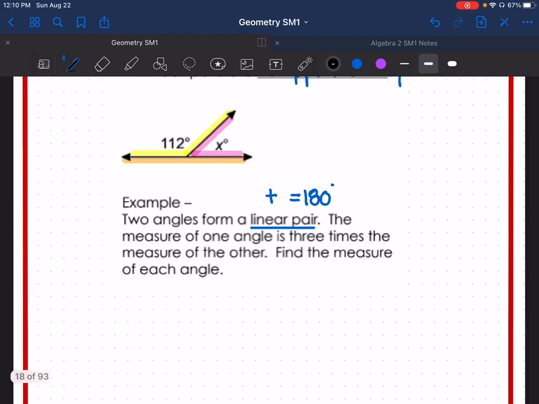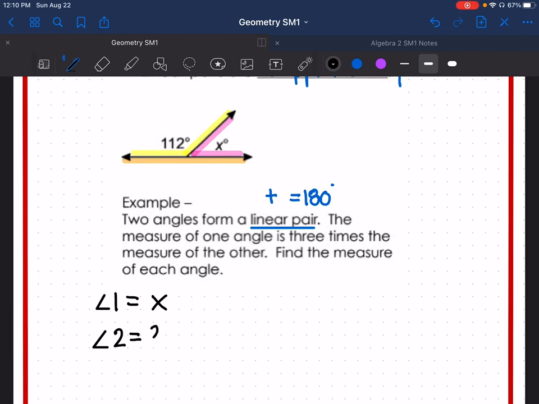So here we go. I have angle 1, because I don't know what letters to use, so I can go ahead and call it angle 1. And I'm just going to simply call it X because they didn't really say anything about angle 1. But what they said about angle 2 is that it is 3 times the measure of angle 1.